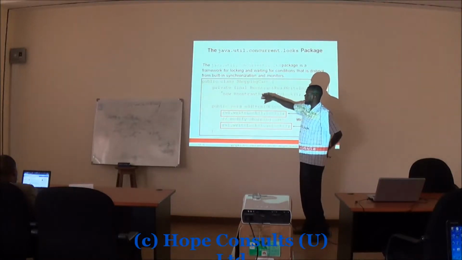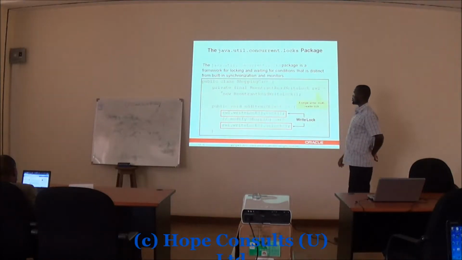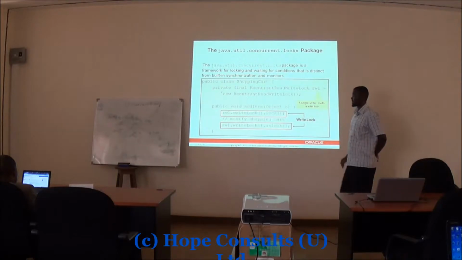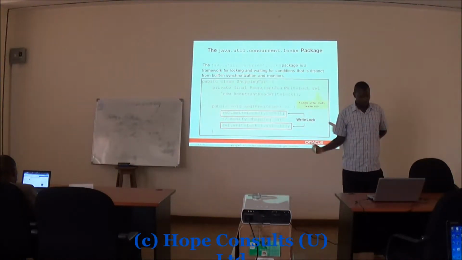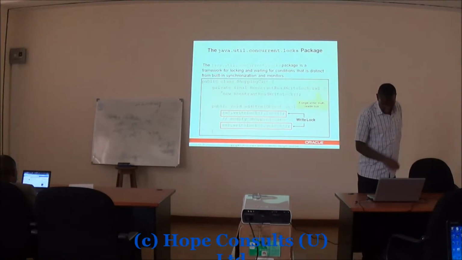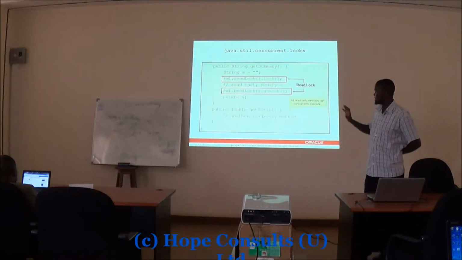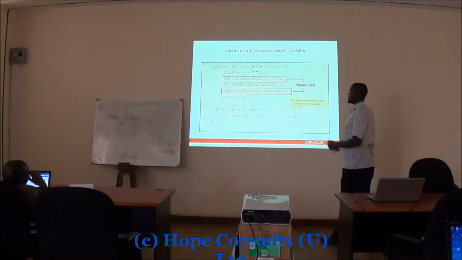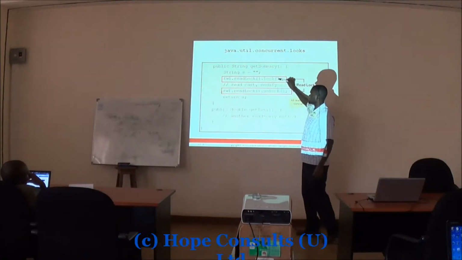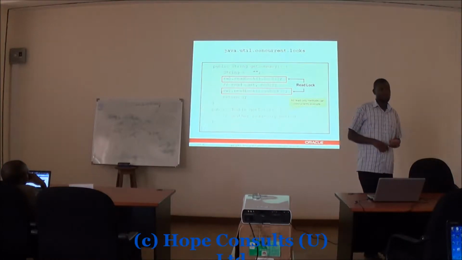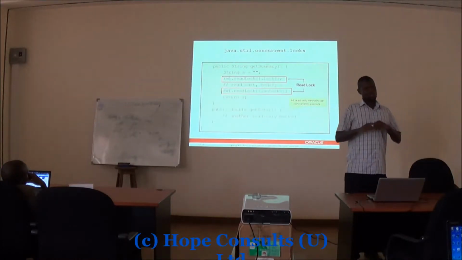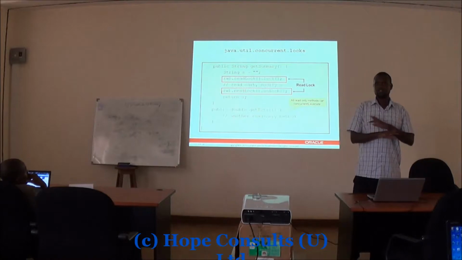So you declare a ReentrantReadWriteLock. Once you have it, you can apply it to lock some sections of your code. So this one approaches with a different syntax, but it more or less tries to achieve the same thing. Then you can have a read lock. This could be an improvement on the other one, because with the other one, it doesn't matter if you are reading or writing.